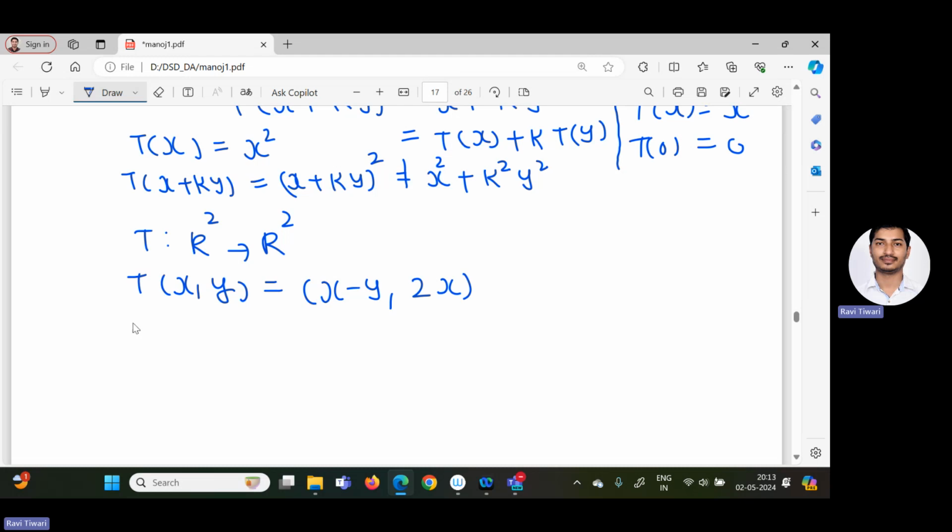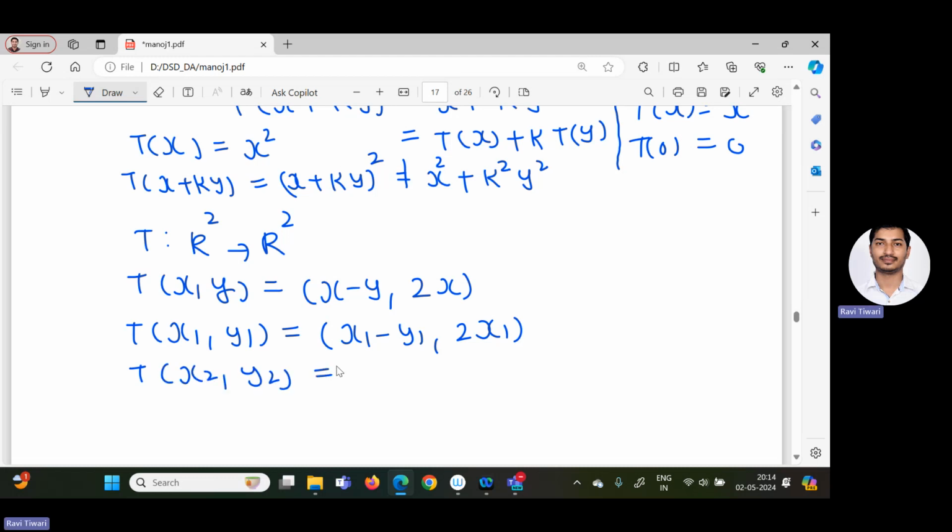In this case, if I choose two vectors of R square, x1 y1 and x2 y2, then T of x1 y1 equals x1 minus y1 comma 2x1, and T of x2 y2 will be x2 minus y2 comma 2x2.